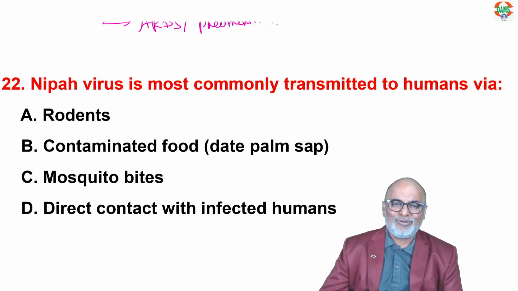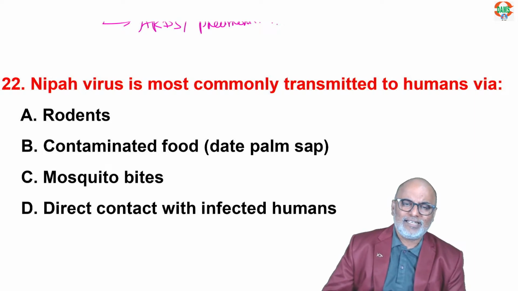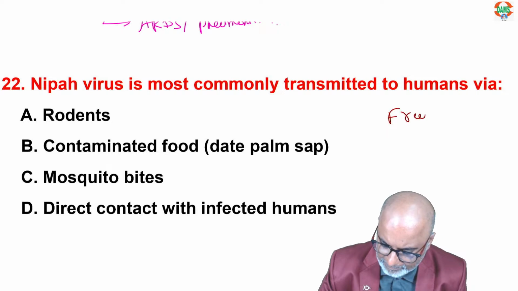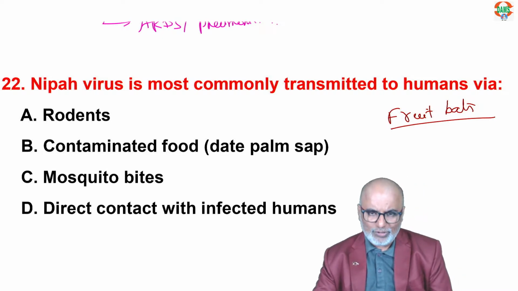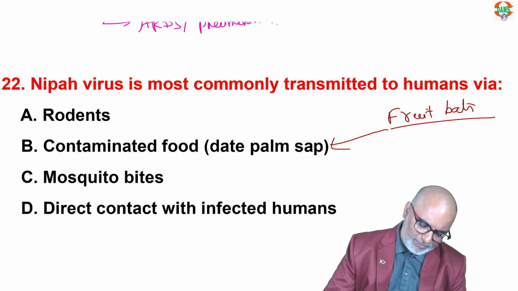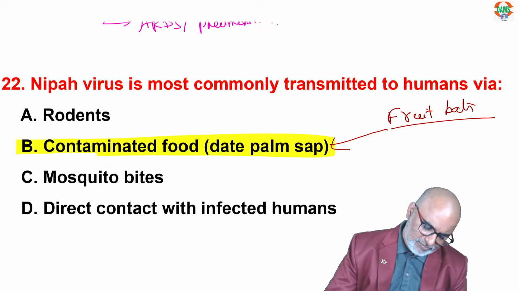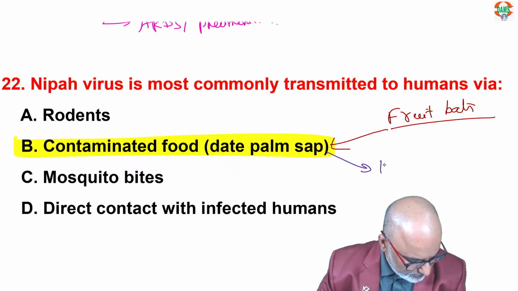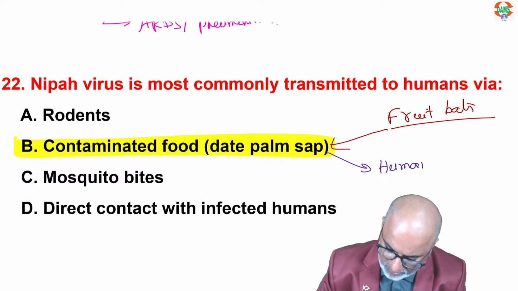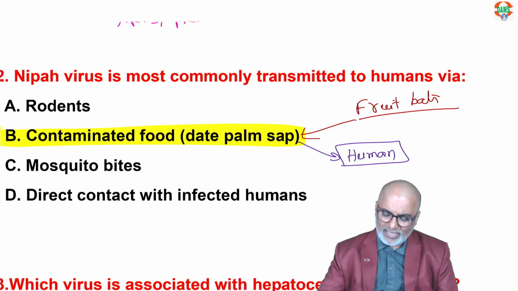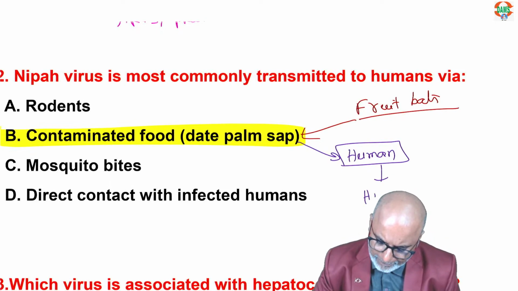Okay. So, usually the Nipah virus source is fruit bats. We call them fruit bats. Usually they bite the contaminated food, especially date palm sap. When humans eat the dates, they will get it. After that, it goes from human to human.